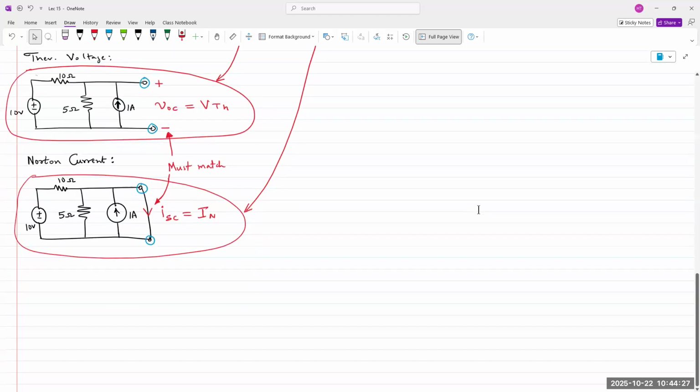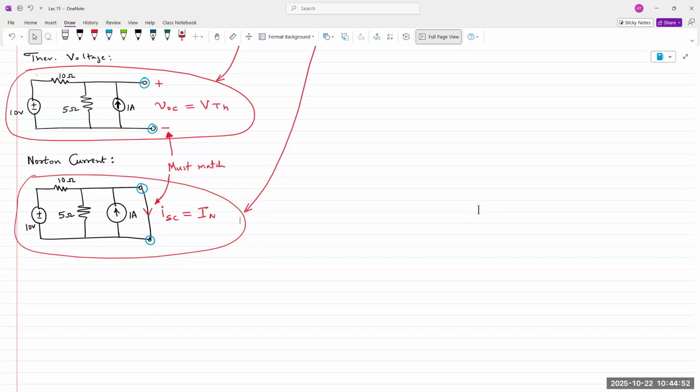All right, so let's proceed. Question was asked about how to find Norton current for this problem. How do you think the circuit has changed? First of all, we can apply any technique we want. We can apply node voltage. We can apply mesh current. We can apply superposition.